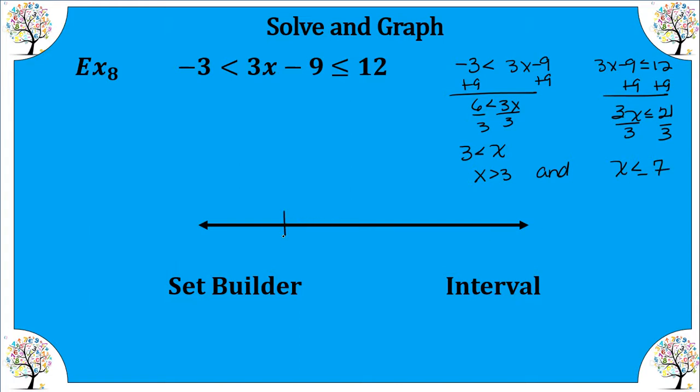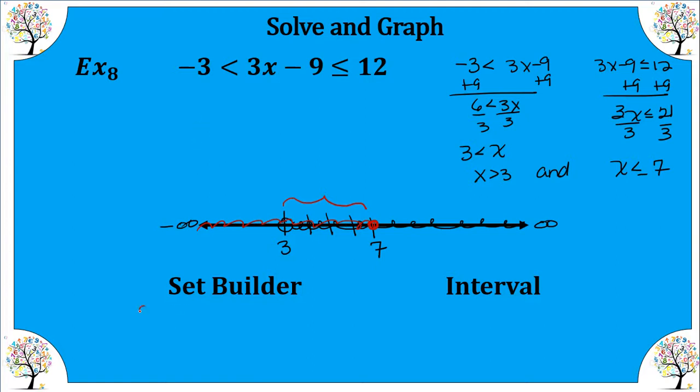We'll have 3 here, 4, 5, 6, 7. So x is greater than 3, not included. And then let's take a look at the second one, where x is equal to 7 or less than. So you can see right here where it is sandwiched, where they overlap, that is going to be our solution set.